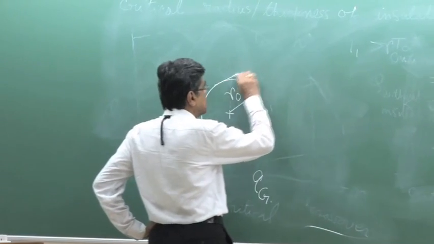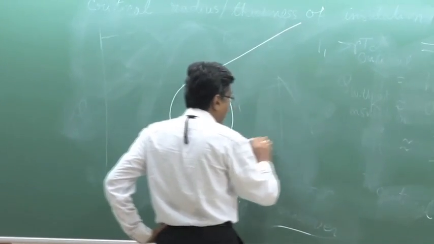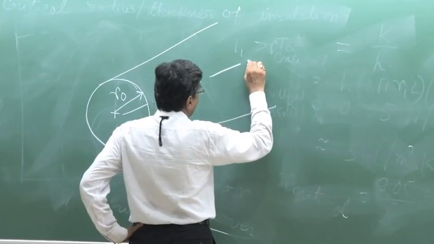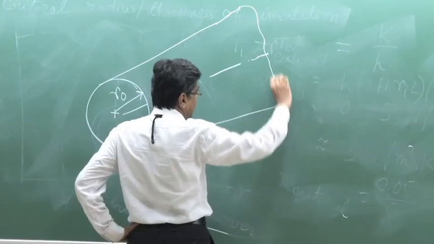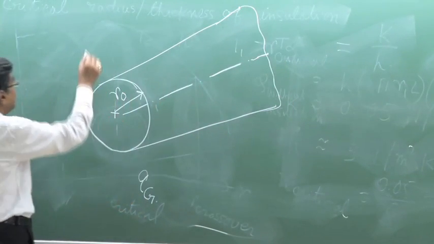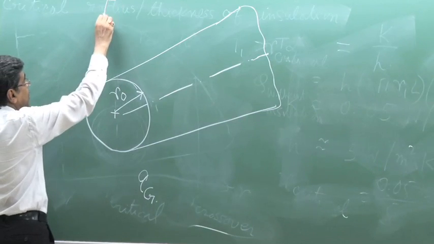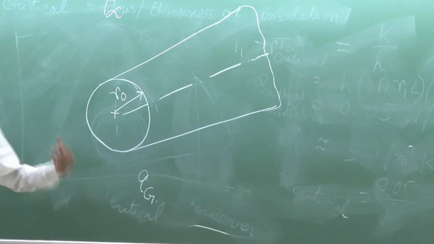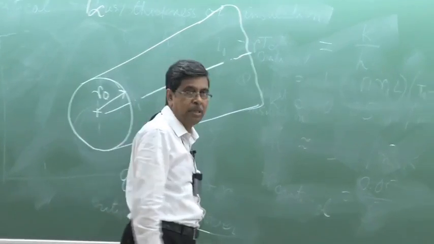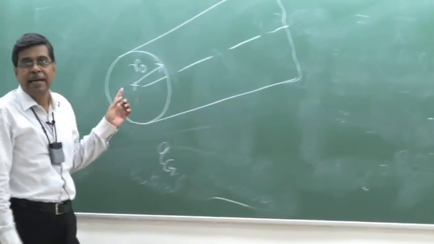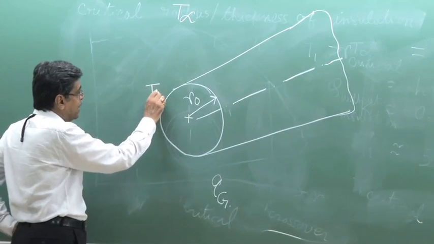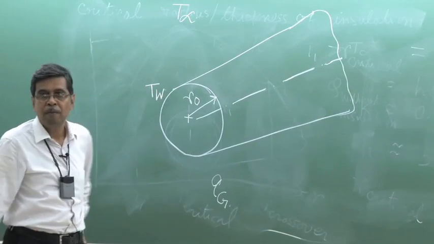And this is the cylindrical element, kept in a fluid or in an ambience, for example air, at T infinity. Now energy is generated and the surface is kept at a temperature Tw.